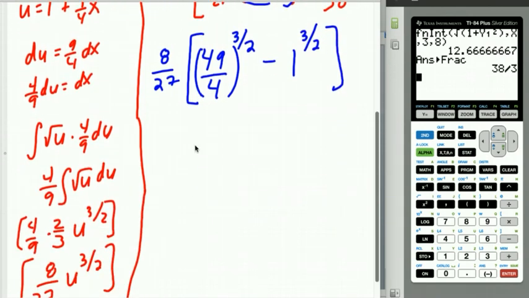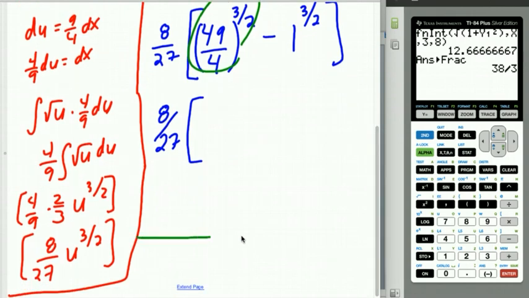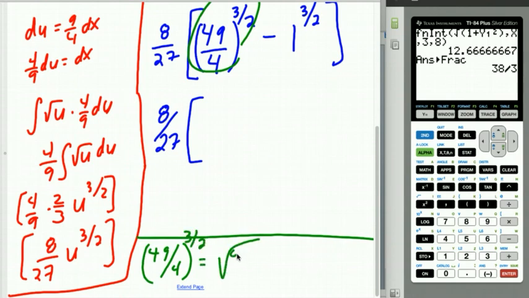Good times. So seems to me that I get this 8/27, and then let's go ahead and talk about what the 49/4 to the 3/2 is, right? Remember, the easy way to do 49/4 to the 3/2 is to do the square root of 49/4, which is easy because they're both perfect squares, and then cube it.